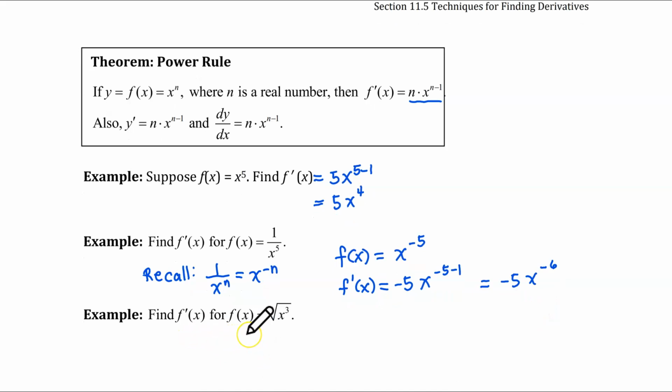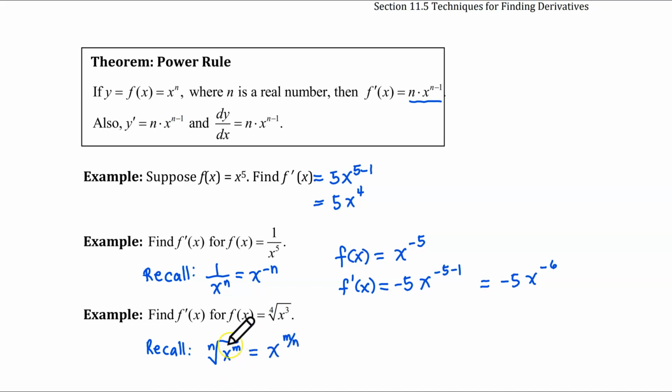Now for the third example, if you want to find the derivative of the function here with respect to x, and you want to use the power rule, you first have to rewrite this in exponential form. So to rewrite this in exponential form, we recall the following formula. The nth root of x to the m is equal to x to the m over n.